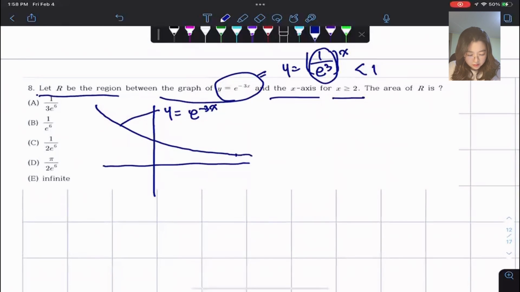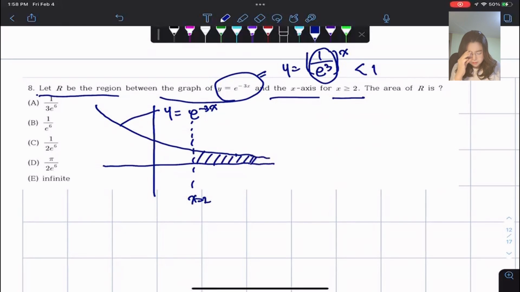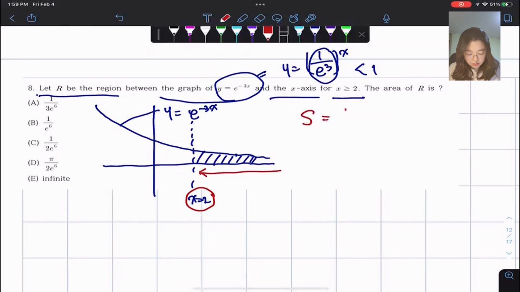I want to find this part. This graph approaches the x-axis, so the range is from x equals 2 to infinity. I want to find the region in terms of the x-axis. So S equals the integral dx. Plug in the opposite variable y.